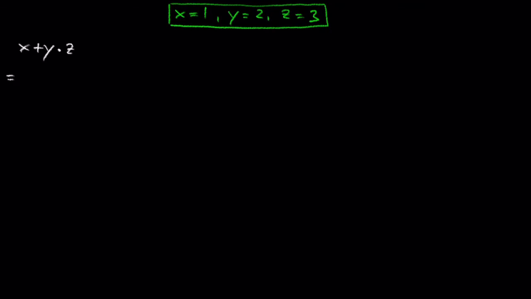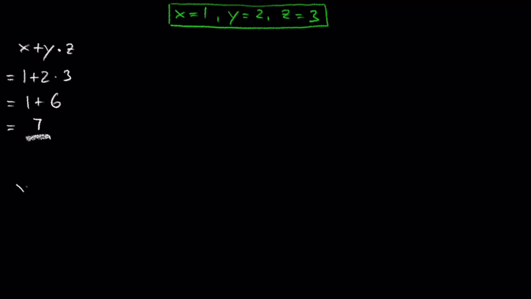First, plug in the values of x, y, and z. 1 plus 2 times 3. Multiplication takes precedence over addition, so you're going to do 2 times 3 first. So we have 1 plus 6, which is 7.